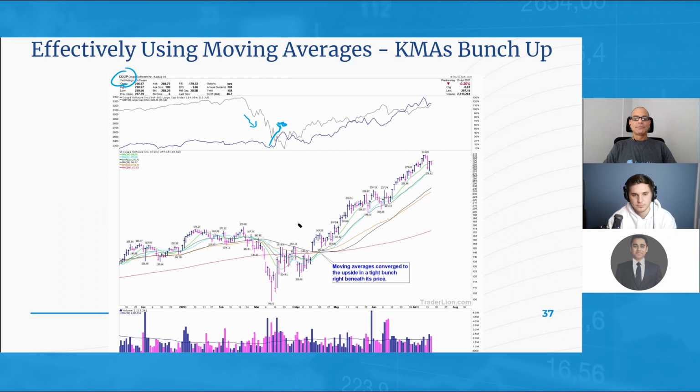And what we see here again is what we call a launch pad, where all the KMAs that we use on a net basis bunch up, and that tells you that on a net 10-day basis, 21-day basis, 23-day basis, 50-day basis, and a 200-day basis, the average closing price on all those time frames lines up, which serves as a launching pad for something like a coup, given that it was also showing RS in a market correction.